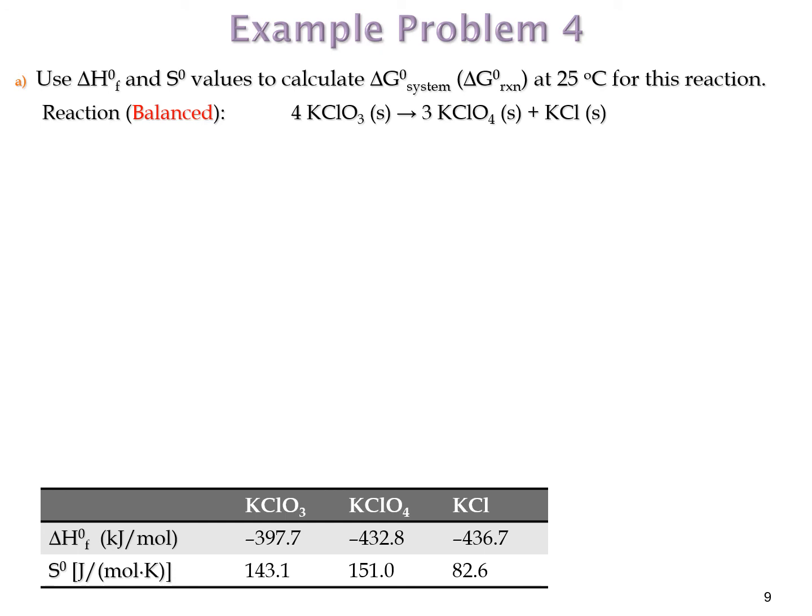Then we can use the second law of thermodynamics equation to calculate what the delta G0 of the reaction is. As the reaction is balanced, we can use Hess's law with the delta H0 f and the S0 of the substances.